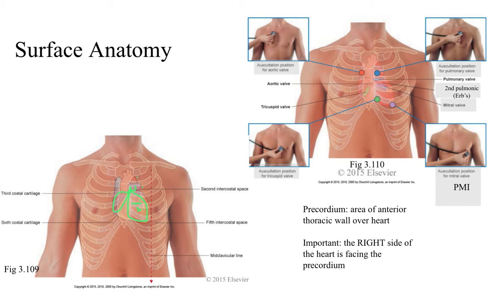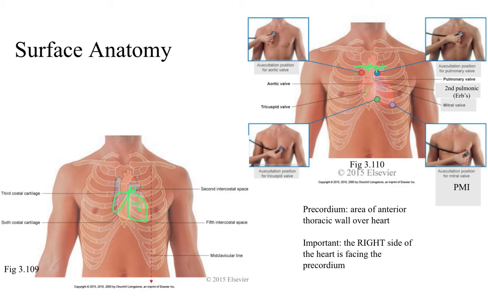All right, we've discussed this before. We locate the sternal angle, go down, go across one, and that is your second rib, whether it be the right or the left. And as we go to the second intercostal space, on the left side and the right side, we can hear our first two heart sounds.